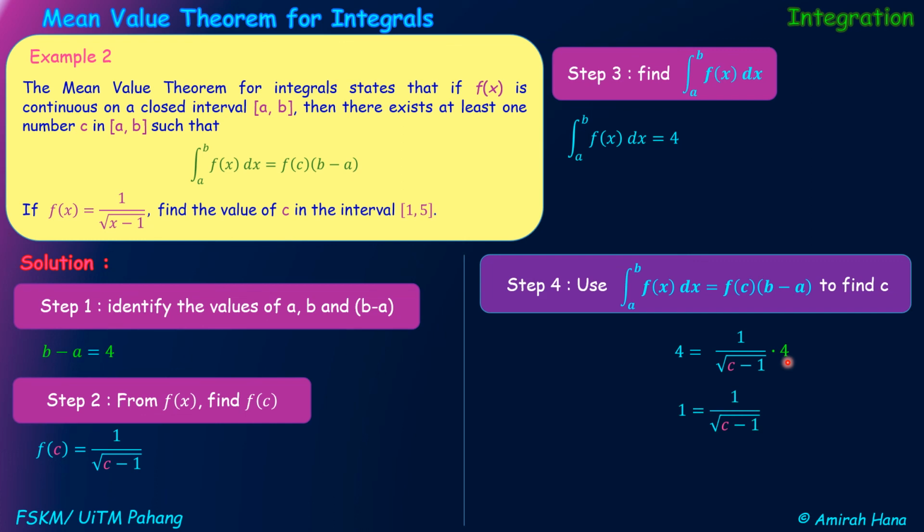Then from here, we have 1 equals 1 over square root of c minus 1. How do we get this? We have a multiplication by 4 here, so when we move it to the left-hand side, we get 4 divided by 4, which equals 1. Then we just cross multiply, so we get square root of c minus 1 equals 1.